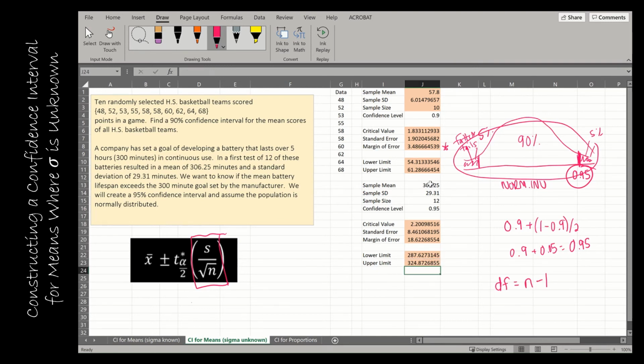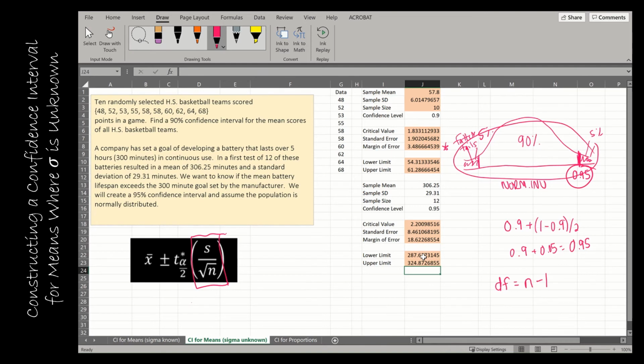So I would be 95% confident that the mean battery lifespan ranges from 287.6 to 324.9 minutes. Now the question says, we want to know if the mean battery lifespan exceeds the 300-minute goal.